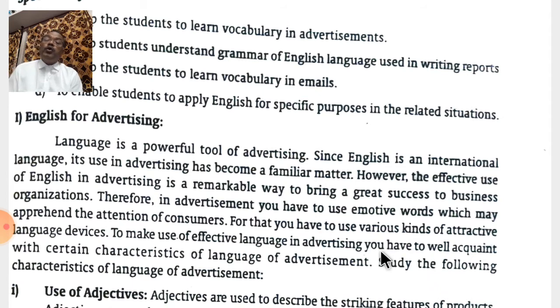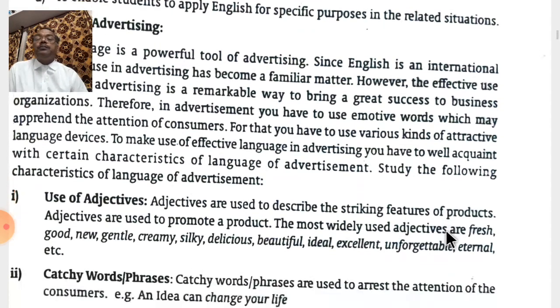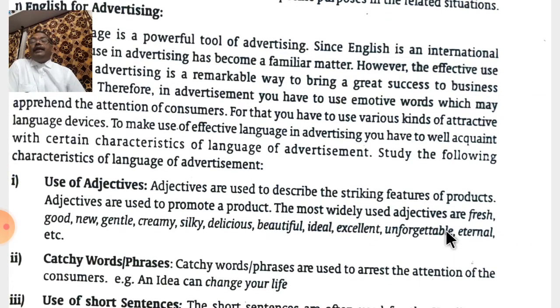To make use of effective language in advertisement, you have to be well acquainted with certain features or characteristics of the language of the advertisement. And if you want to draft or make an advertisement, we should use adjectives. Adjectives are used to describe the striking features of the products. What are the characteristics? What are the features of that product?